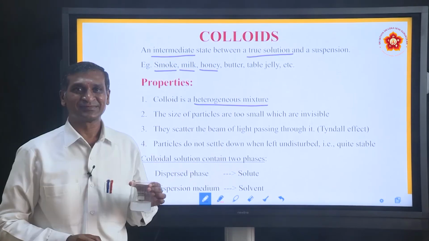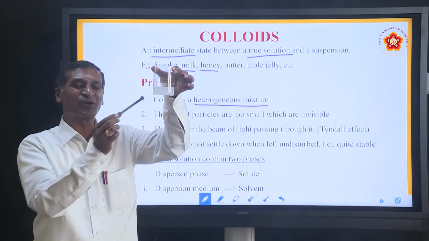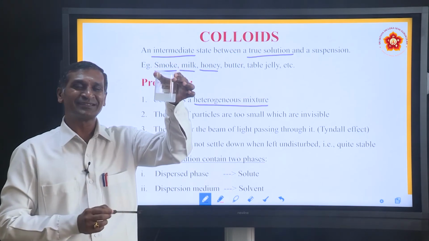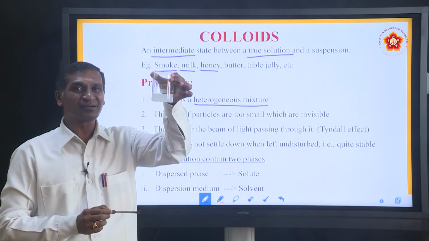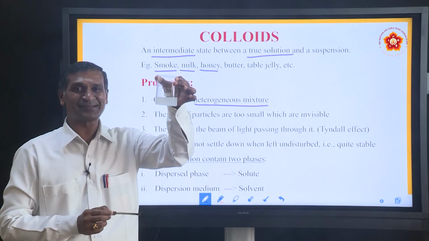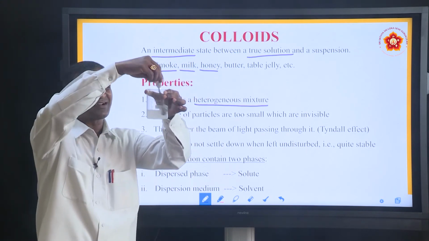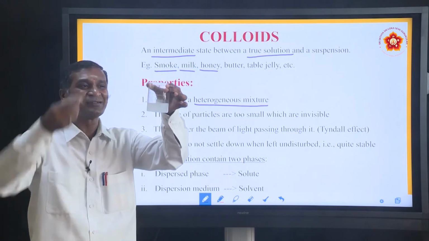Here you can observe the water of the cooked rice. Another name, ganji in Kannada, we call. It is also a starch. It is a colloid.